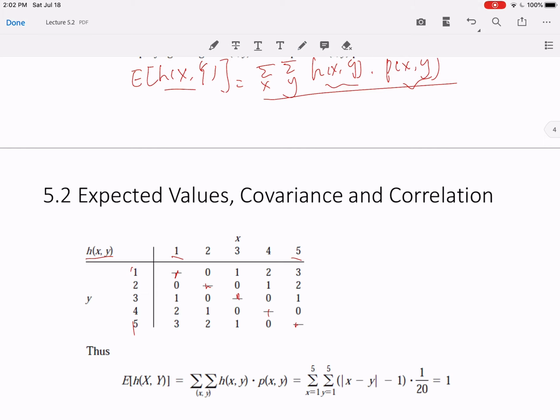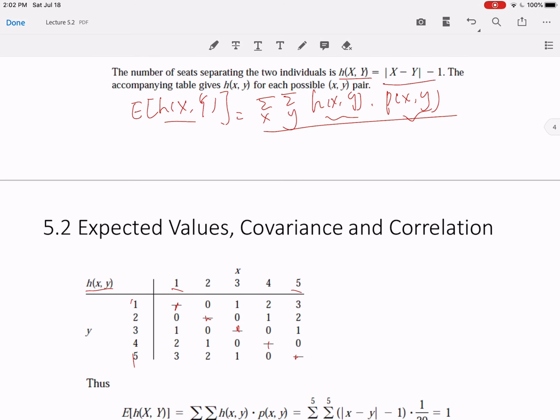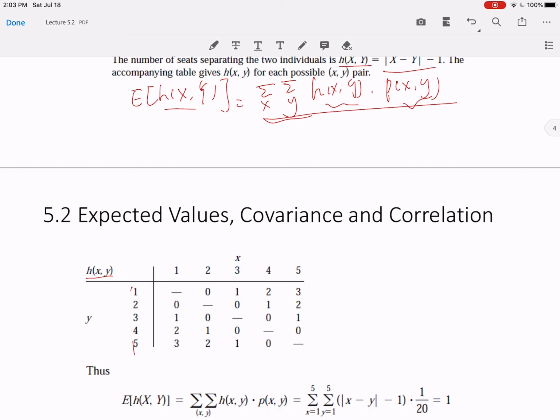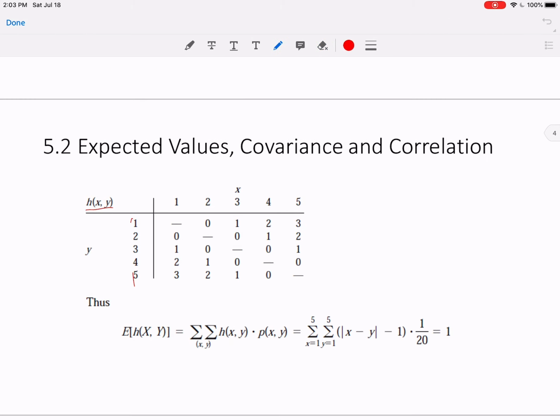And then, since we want to figure out the double summation here, we need to find each function value. We need to find all of the function values of h of x, y. So what do we need to do? Just plug each ordered pair back into the function expression. For example, just like what we did over here: double summation, x from 1 to 5, y from 1 to 5, of h of x, y, and this part is p of x, y.